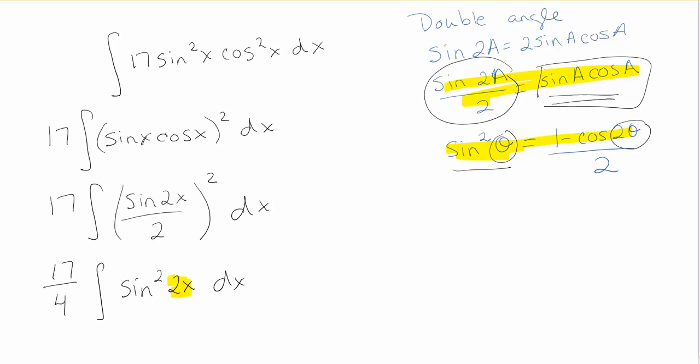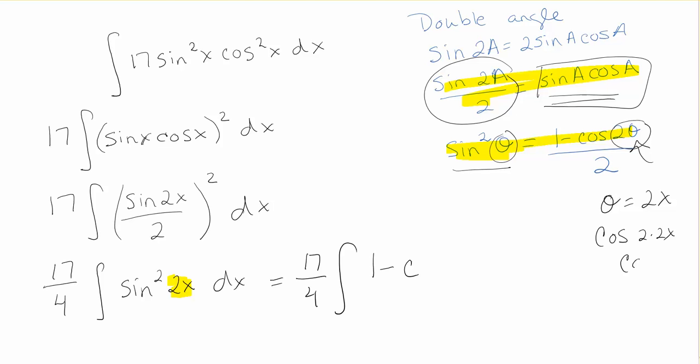If that were the case, then you could write this as 17/4 antiderivative, using this identity, of 1 minus cosine of 2 times theta. What is your theta? Our theta is equal to 2x, so it's cosine of 2 times 2x, or the cosine of 4x. That's what we're going to have right here, and that's divided by 2 dx.